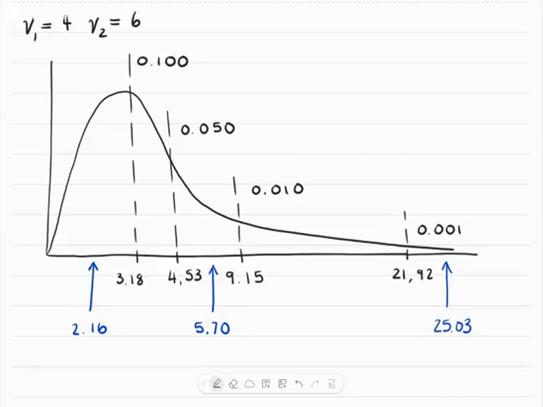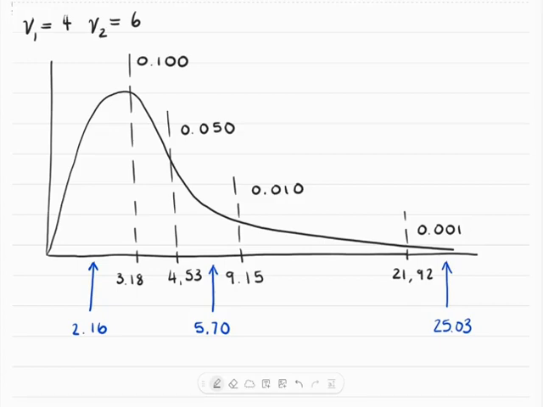So what I have here is a sketch of an F distribution with the different critical values and alphas indicated. For example, if you look at 21.92, that value was given in that little box of squares that I indicated earlier. If you go across in that table, so if you have your F tables, have a look.